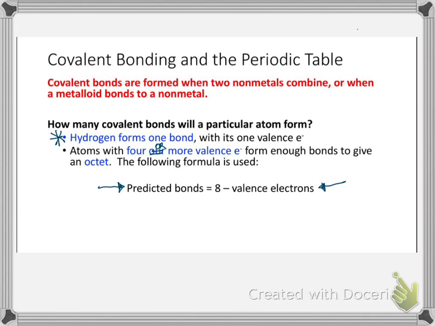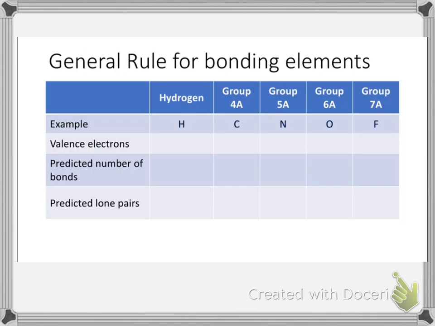So let's look at the table I have so we have like a reference. I like these kind of tables. So I made a table, and I chose from each group a sample element. I just went to period 2. Now notice I don't have groups 1, 2, and 3A.